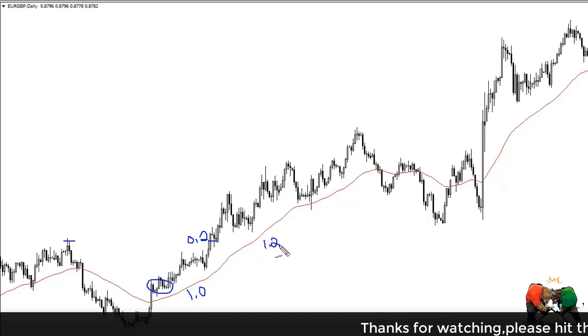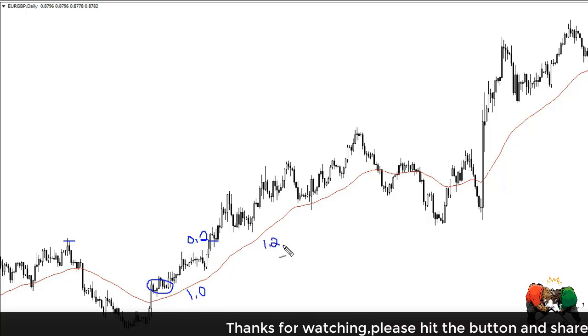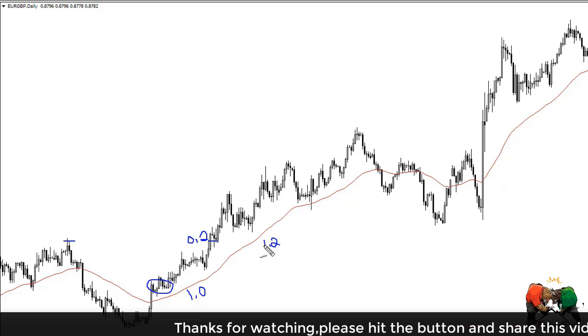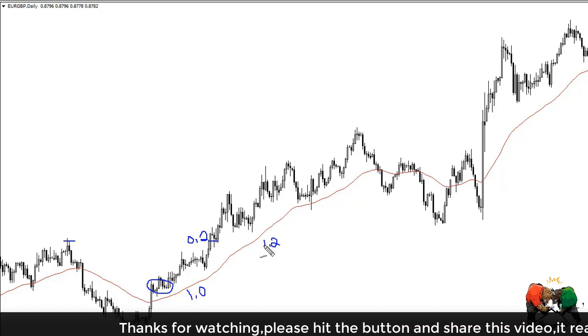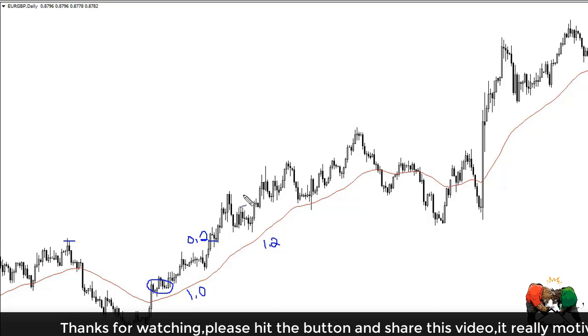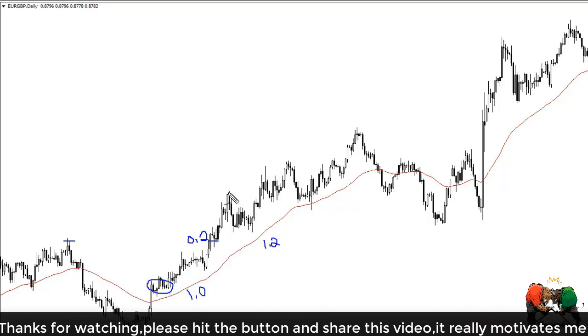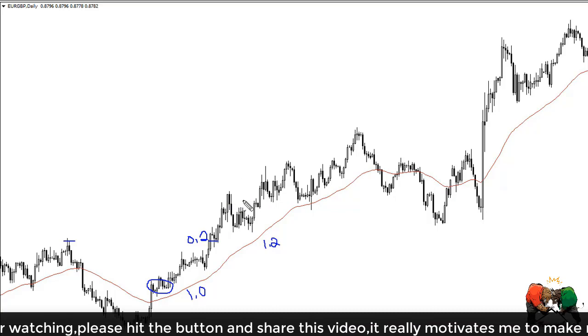And at this point, you've got 1.2 positions. So that's your full position, and then you add 20%. Now, you can tweak the percentages to whatever you like, but I find 20% is enough to make a significant difference.